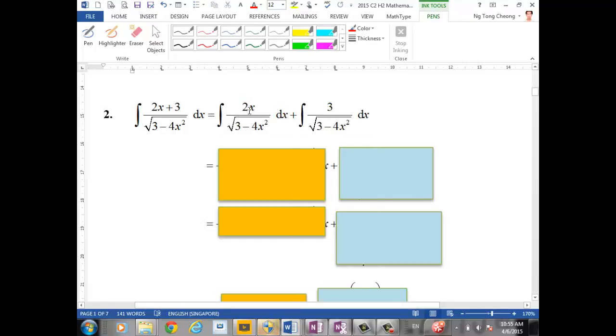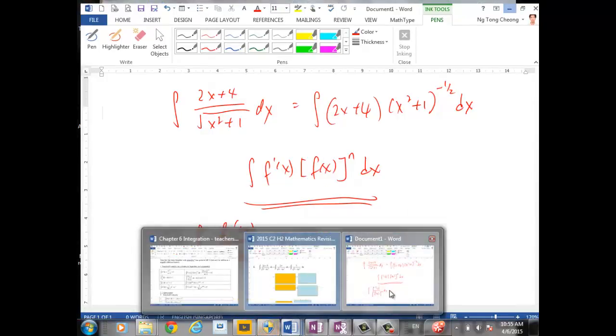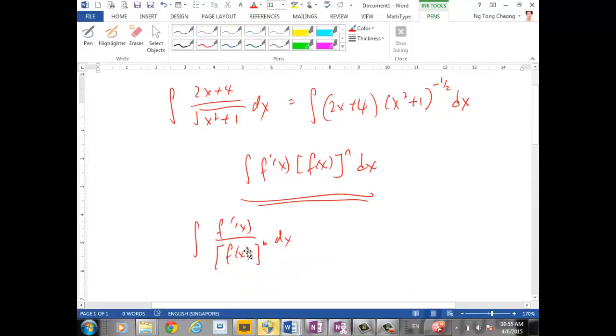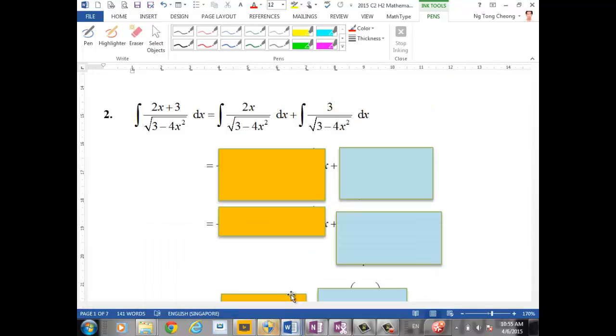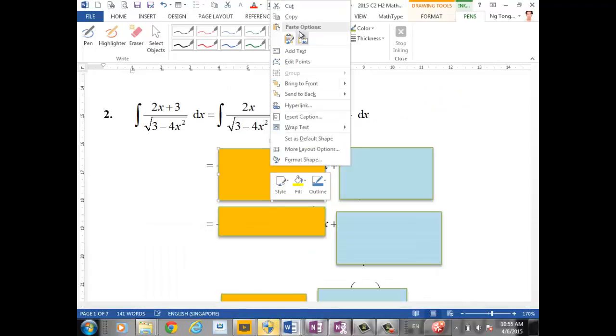Okay, so now you look at this. Within the square root term, you have a degree 2 polynomial. On top here is degree 1. I hope you can realize that it is something which I mentioned just now. One way is you try to check whether it is of this form. If it's of this form, then you can rewrite as a product again, and then apply the technique.